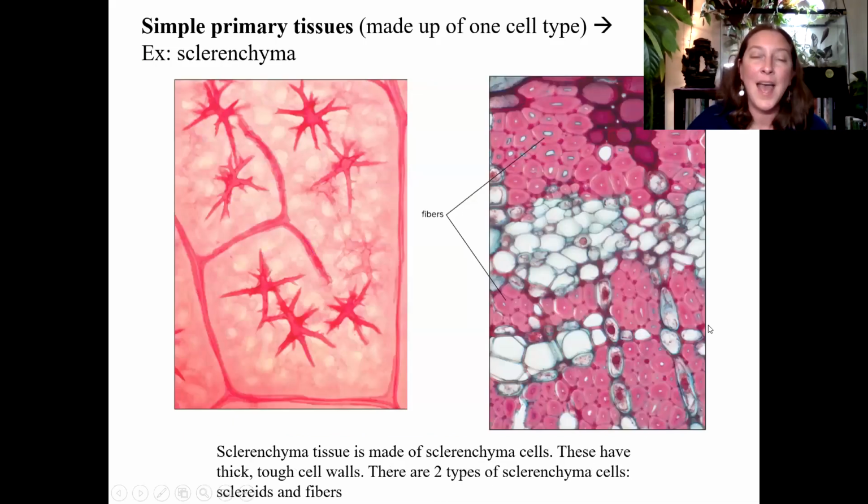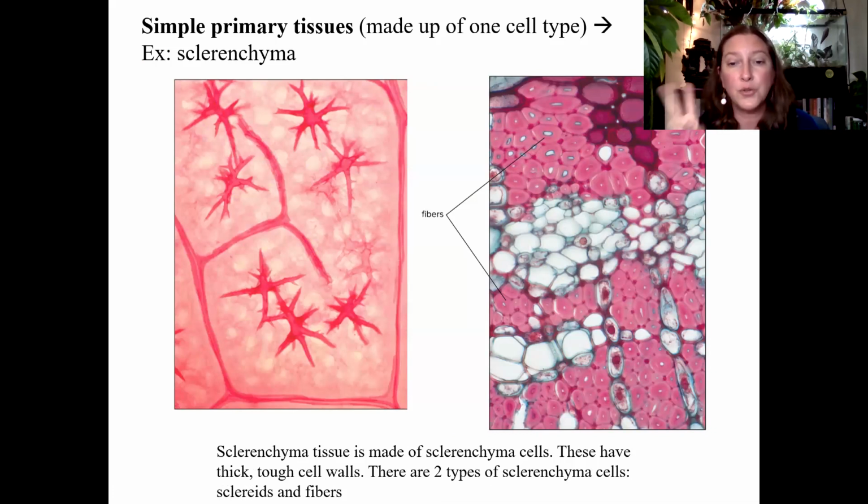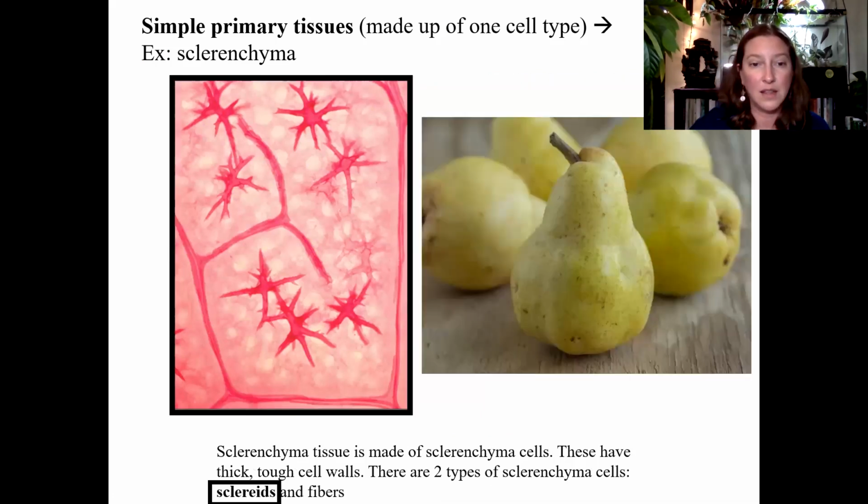Okay. Then you have sclerenchyma tissue, right? Sclerenchyma tissue is made up of only one cell type, like all the other simple tissues we've just looked at, but there are two types of sclerenchyma cells. There are what are called sclereids and fibers. On the left here is an example of sclerenchyma tissue made up of sclereids.